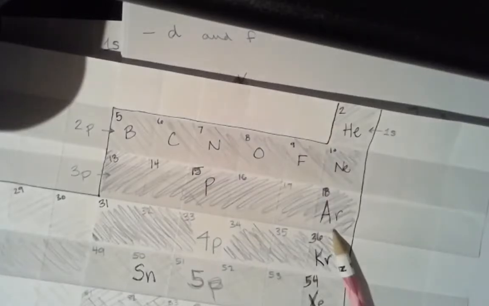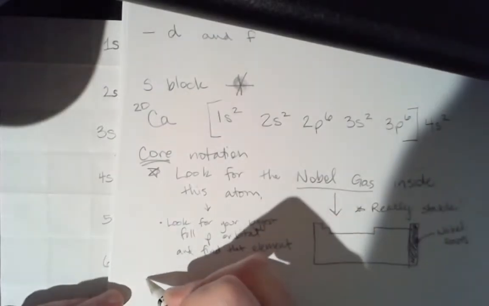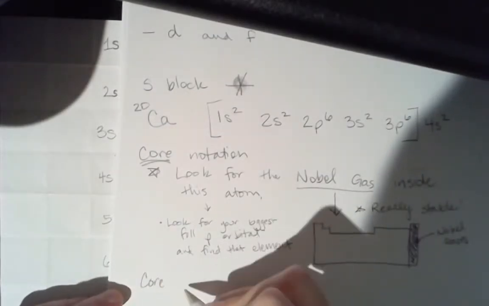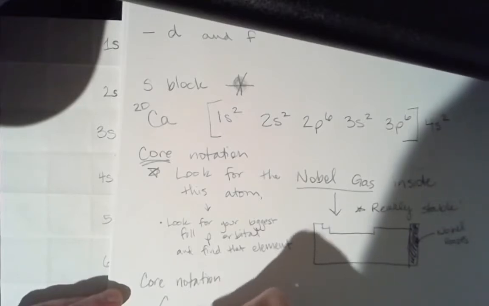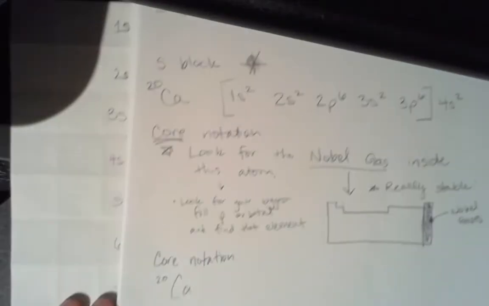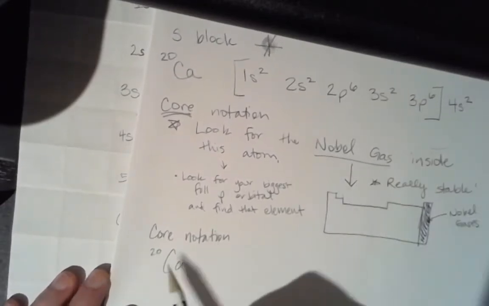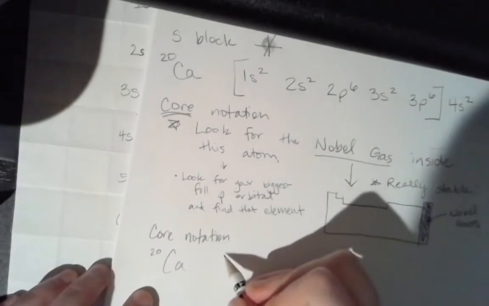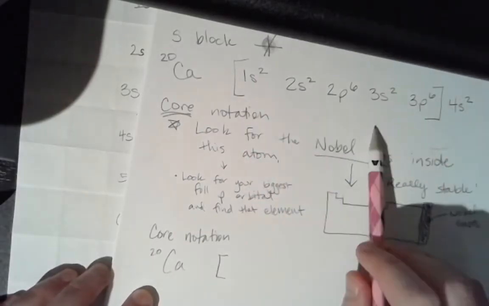So when we write our core notation, the core notation for calcium, again, that's just 20. I don't know why I'm adding that today. It's not super relevant. 20 protons, 20 electrons. When we write the core notation, we'll say this core is argon.